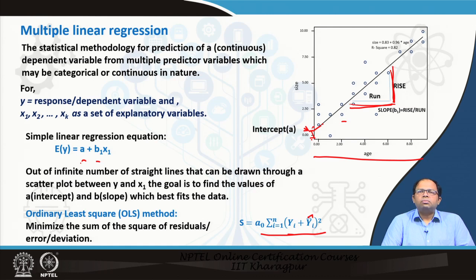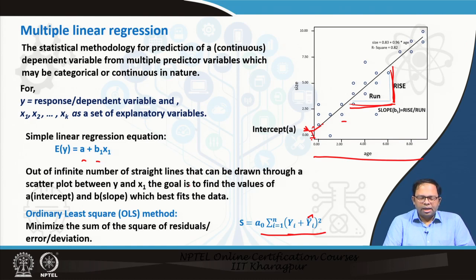So, this same concept is also used in multiple linear regression. Out of an infinite number of straight lines that could be drawn through a scatter plot between y and x1, the goal is to find the values of the intercept a and slope b that best fit the data.